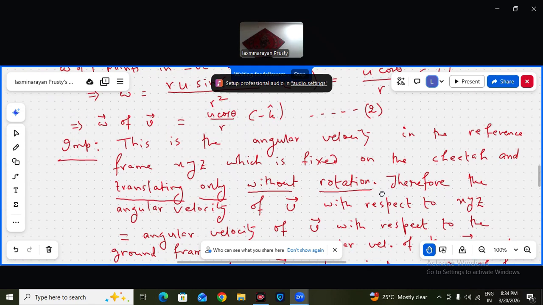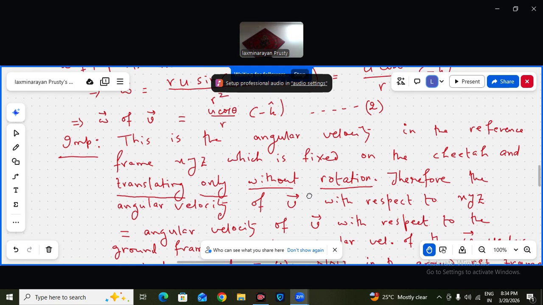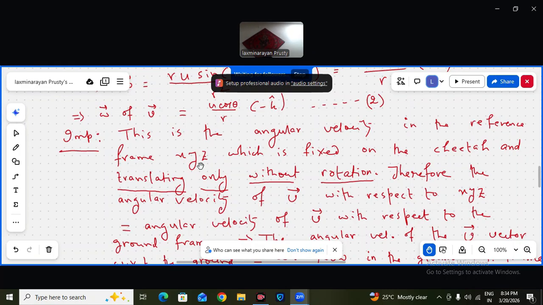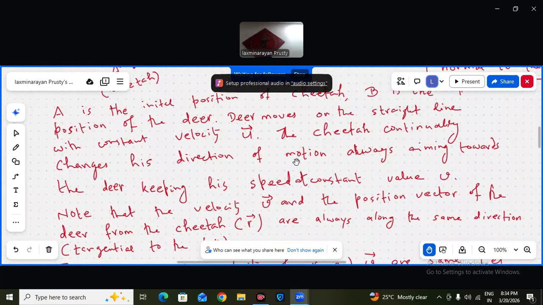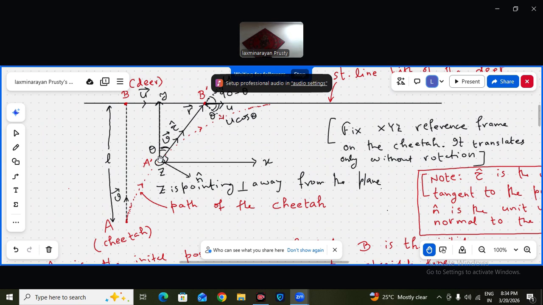So whatever the rotation of the r bar or v bar with respect to the xyz reference frame, that is also the angular velocity of r bar and v bar with respect to the ground, because xyz has no rotation.